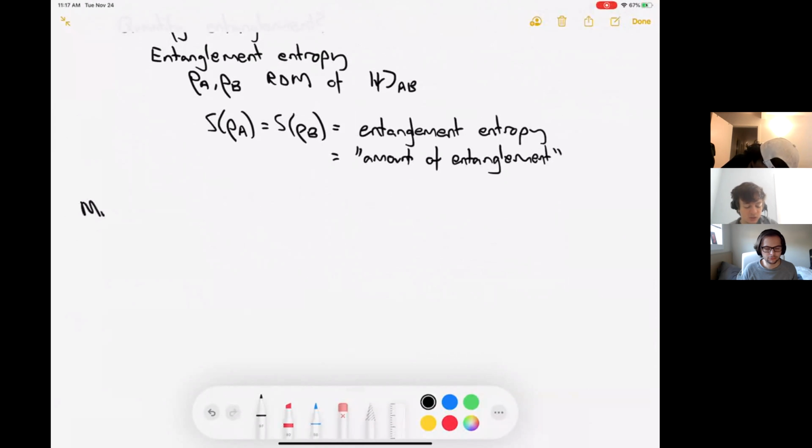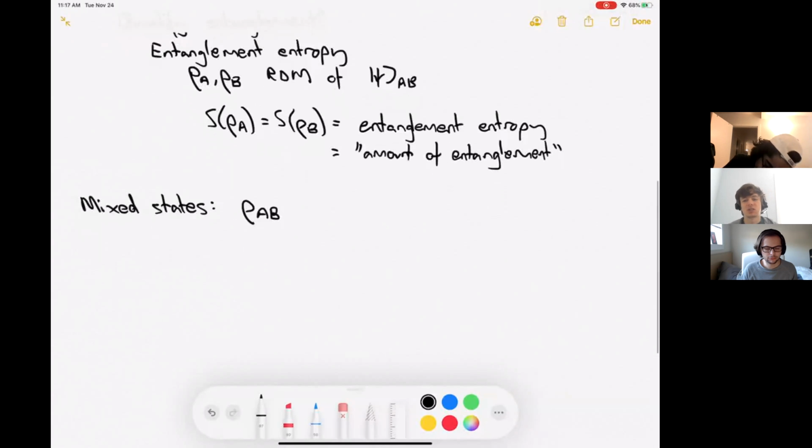But what we haven't really talked about at all is, let's say we have some mixed state, some bipartite mixed state rho_AB. We just haven't talked at all about what it means for that mixed state to be entangled. So you might think, well, it's just exactly the same definition as before.